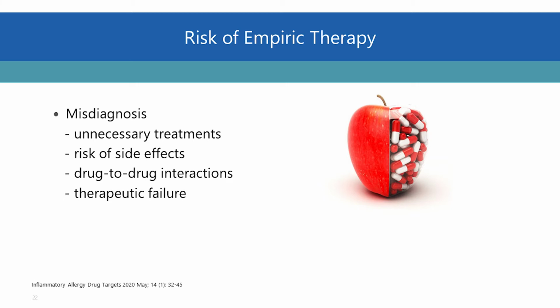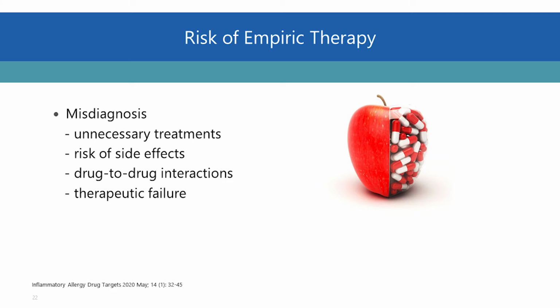There are risks of drug-to-drug interactions with many of these medications, as well as there's an issue with therapeutic failure. And of course, therapeutic failure can lead to the practitioner prescribing more medication, which of course can lead to more resistance, again, which is an issue which we've already discussed.